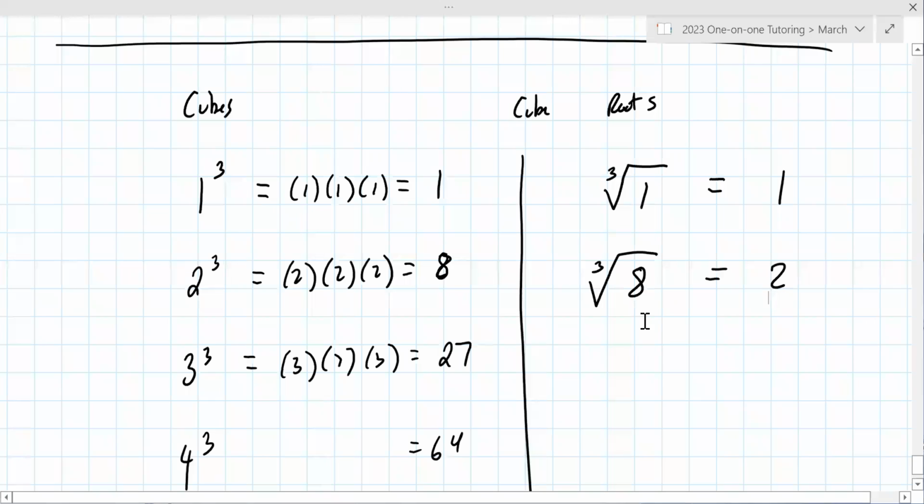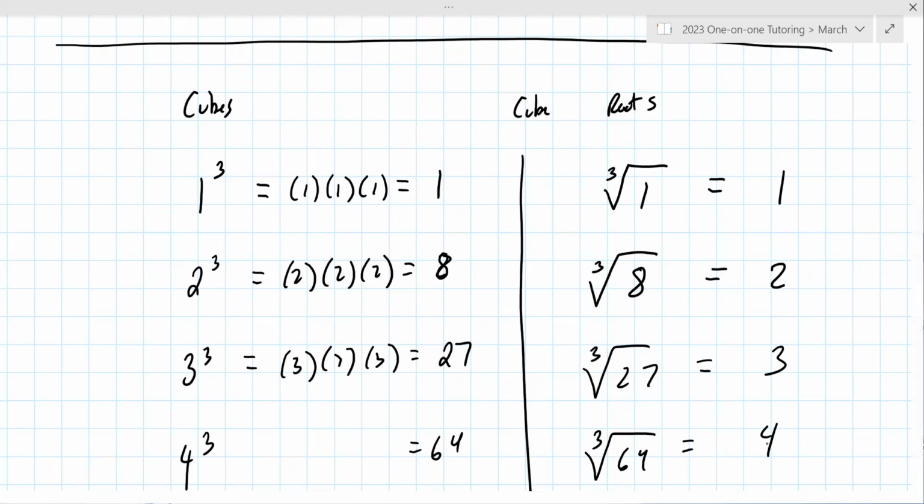So you multiply 3 numbers that equal 8, but they have to be the same. The cube root of 27 is 3, because 27 is 3 times 3 times 3. And the cube root of 64 is 4, because 4 times 4 times 4.